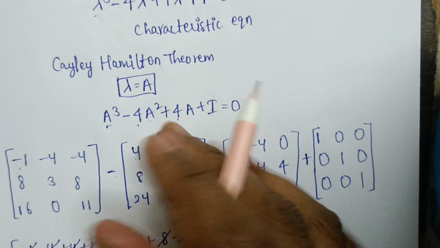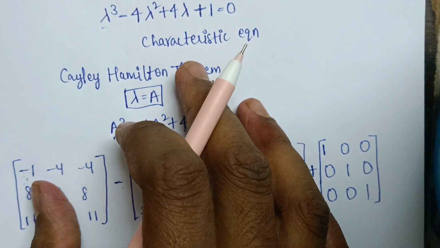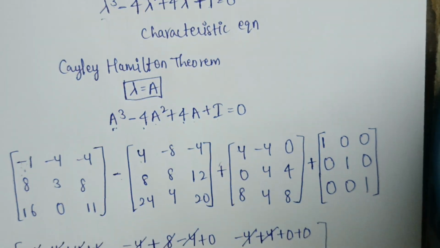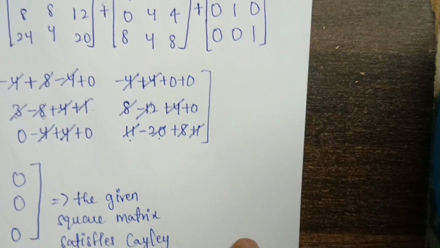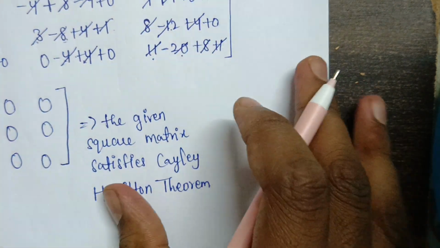So now let us discuss how to attempt the question paper correctly. If a Cayley-Hamilton question is given in the exam, how to attempt it perfectly in order to get 10 out of 10 marks.